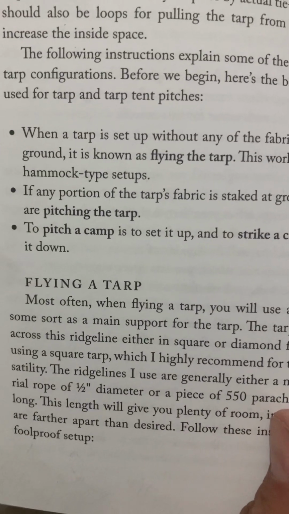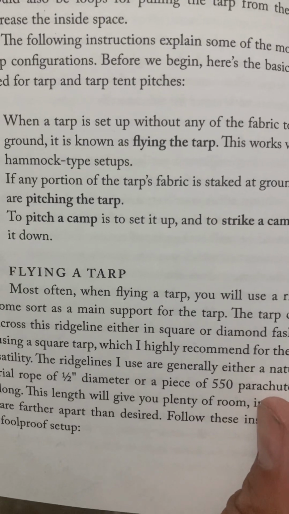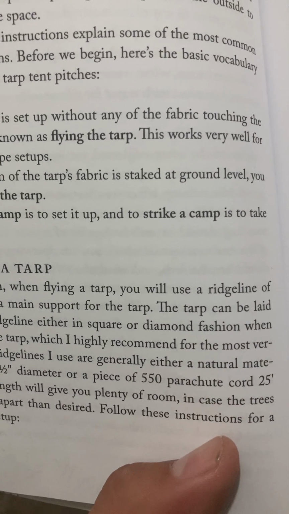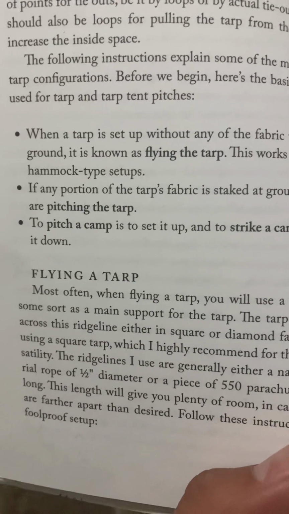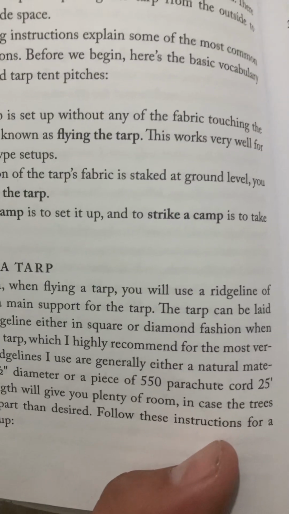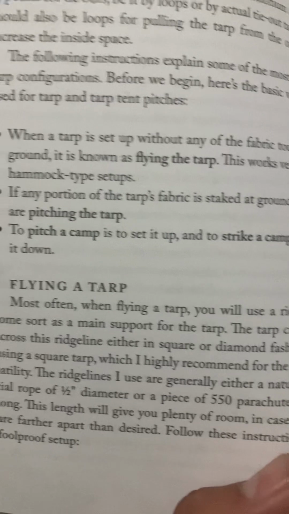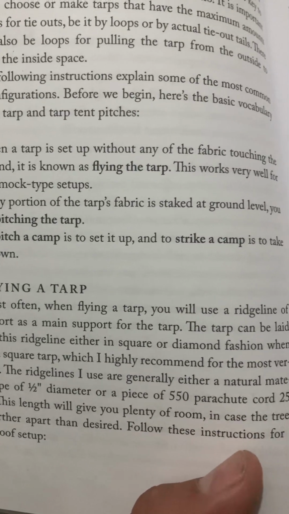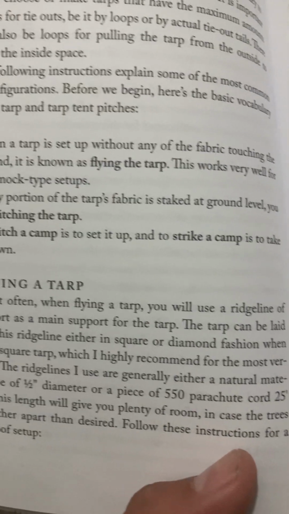Flying a tarp. Most often, when flying a tarp, you will use a ridge line of some sort as a main support for the tarp. The tarp can be laid across this ridge line either in square or diamond fashion.